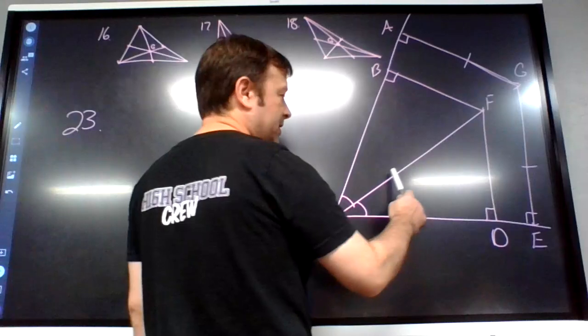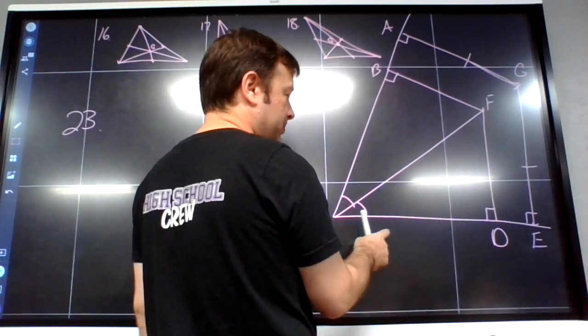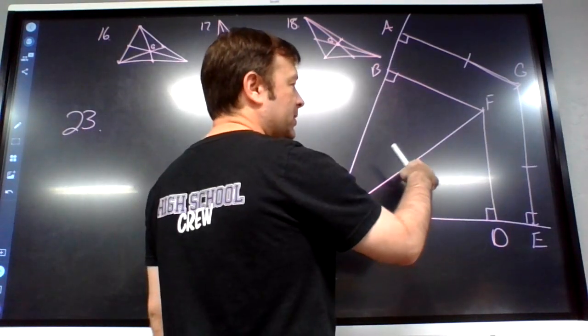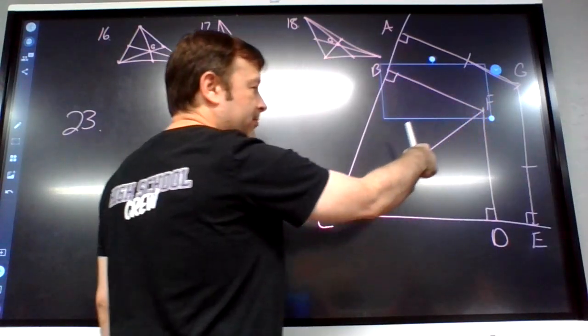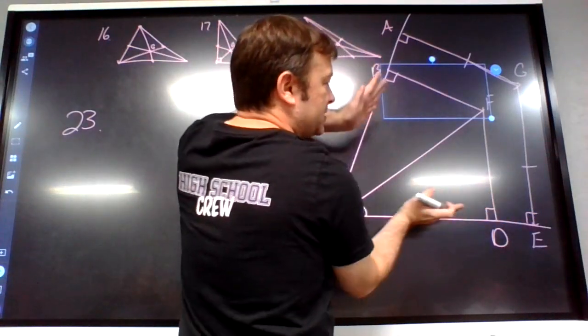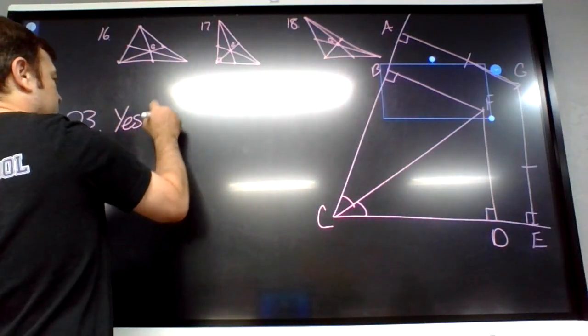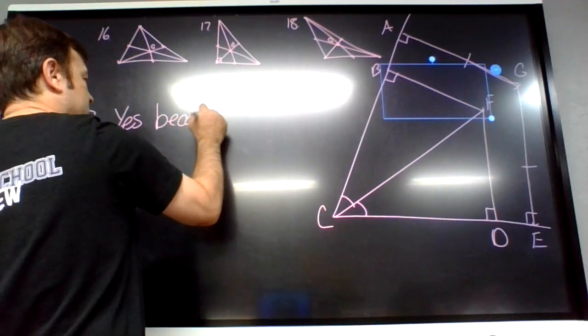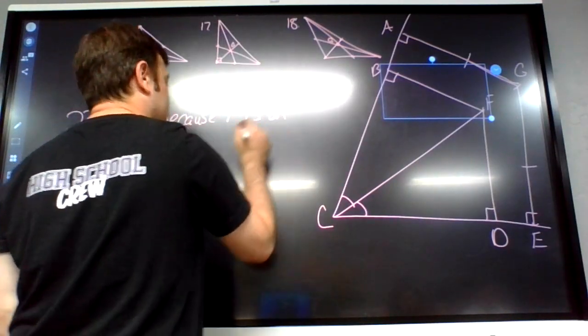Oh, actually we do have angle, side, now that I put that in there. But that's not what they wanted. Because F is on the angle bisector, it's gonna be right between these two sides of the angle. So yes, because F is on the angle bisector.